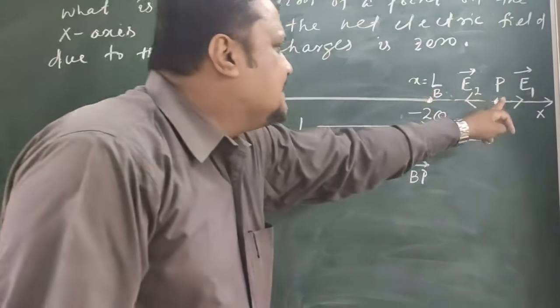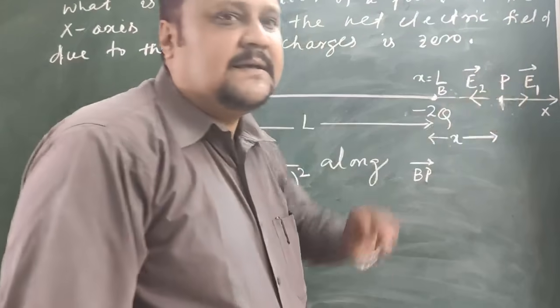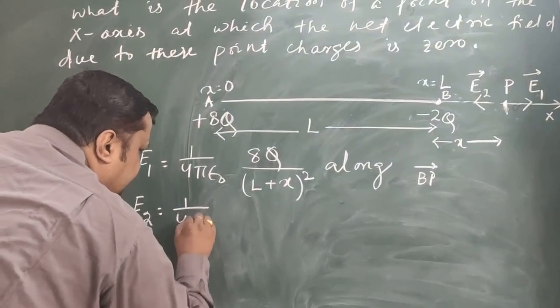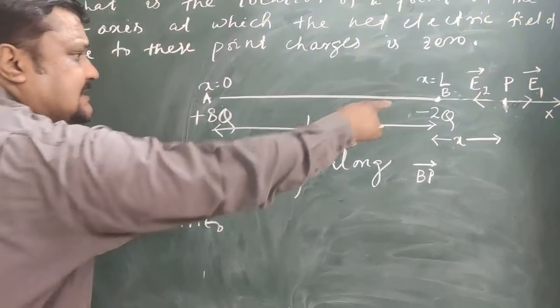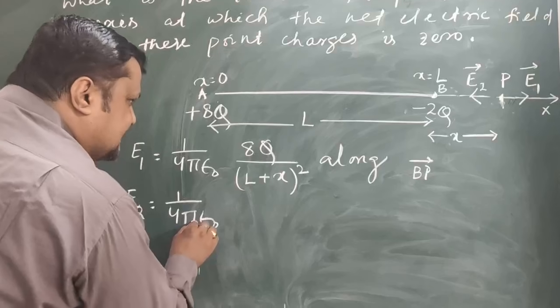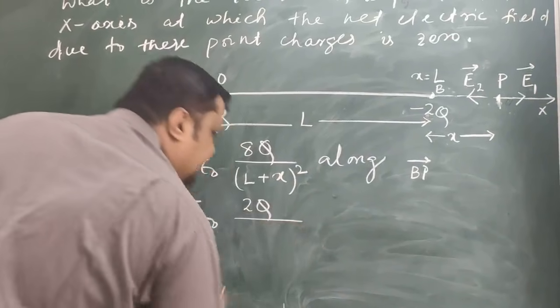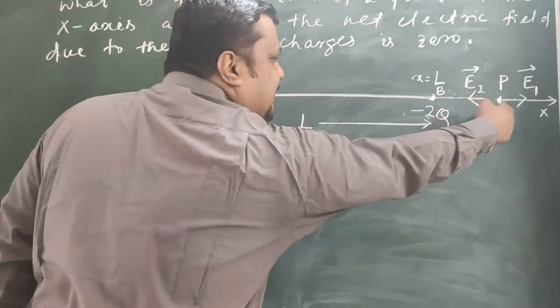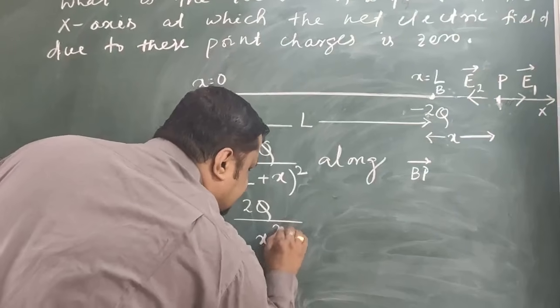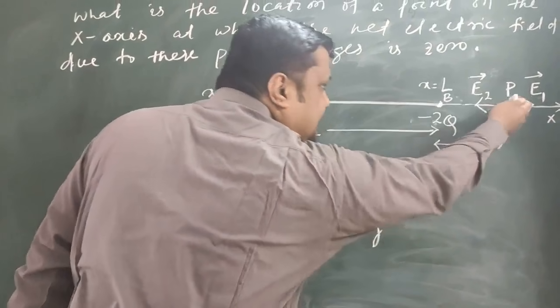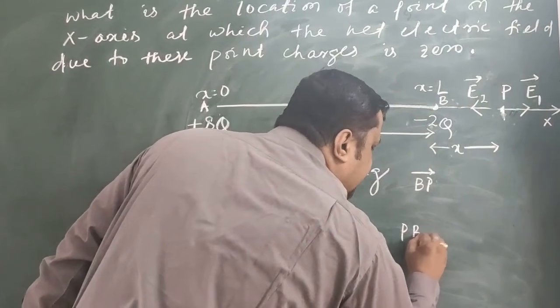So that's why I consider this point P outside. Now we find this E2, the electric field at P due to minus 2Q: 1 by 4 pi epsilon naught, taking the magnitude only, 2Q by x square, the distance from point P, along the opposite direction.